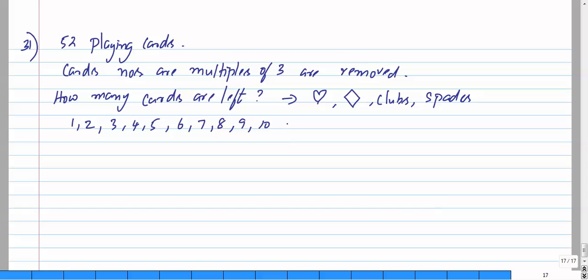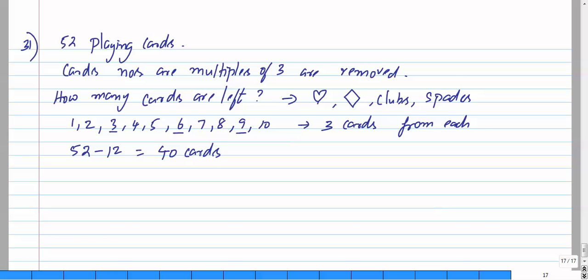After this we have the face cards, right? So multiples of 3 means I am removing this 3, 6, 9. So I am taking out 3 cards from each, right? So totally how many cards am I removing? I am removing 12 cards. So I am left with 52 minus 12 is 40 cards.